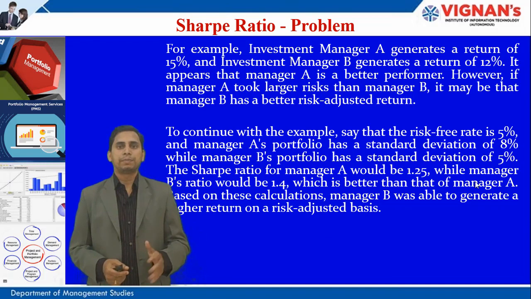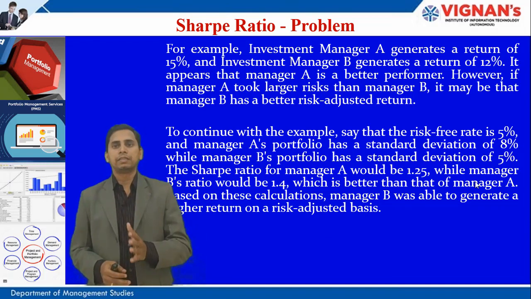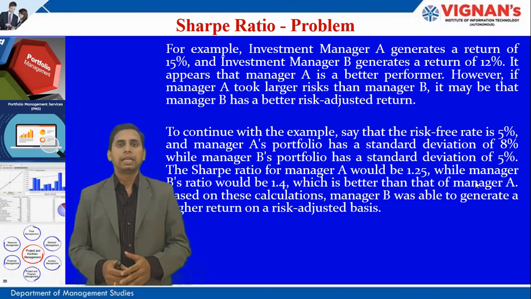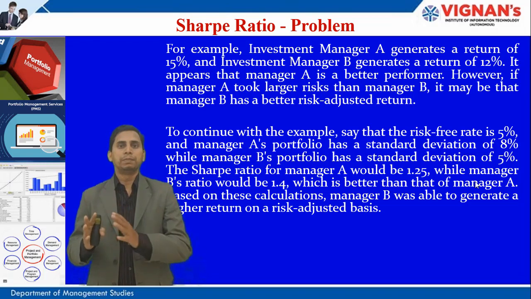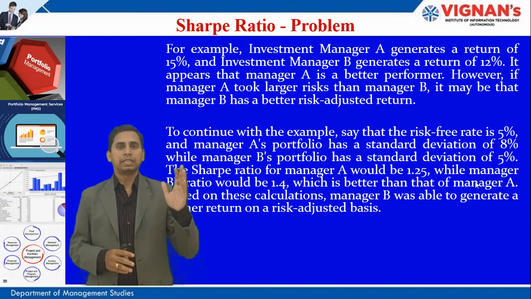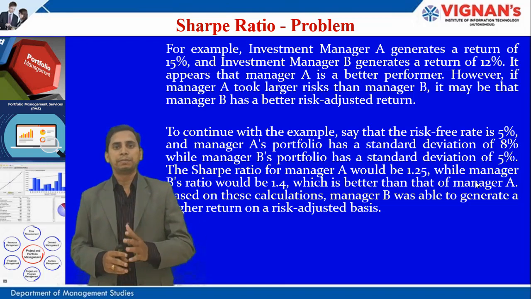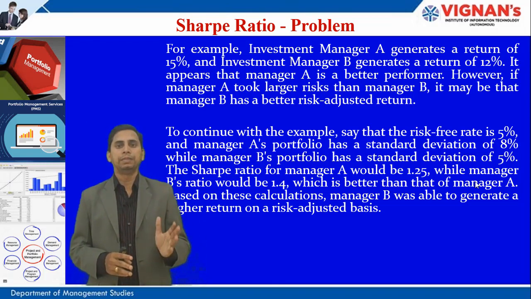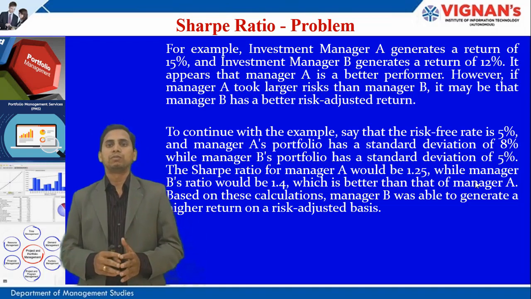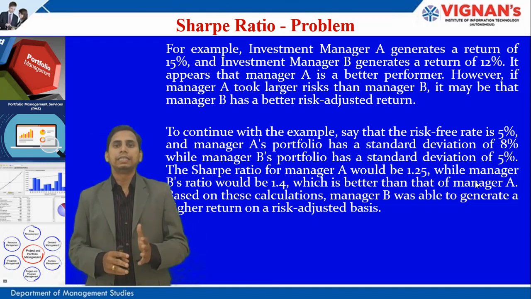Now let us see. If you continue with this example, say the risk-free rate of return is 5%, and manager A's portfolio has a standard deviation of 8%. So with a standard deviation of 8% and the risk-free rate of return of 5%, portfolio manager A has generated a return of 15%. Whereas for the risk-free rate of return of 5%, the manager of portfolio B has generated 12% with a standard deviation of 5%.